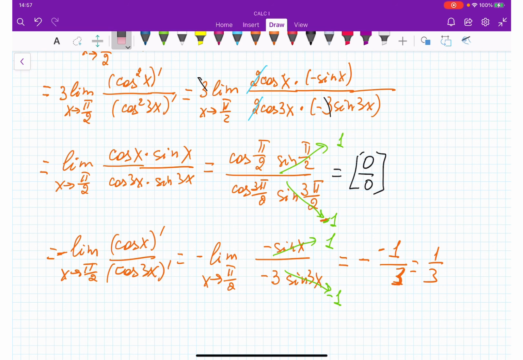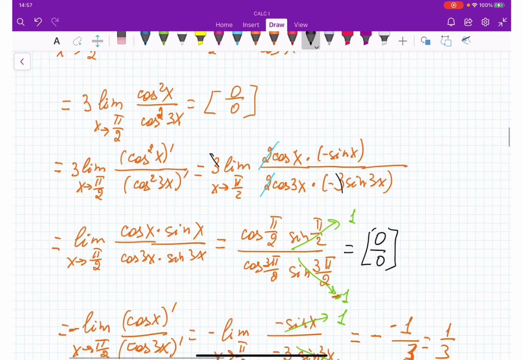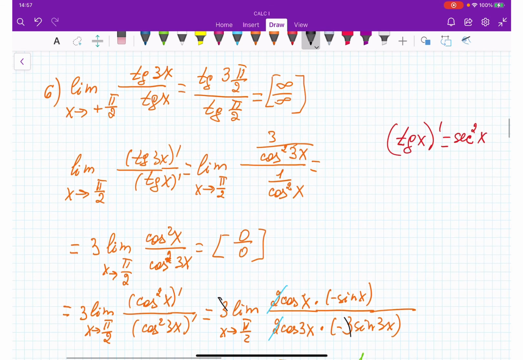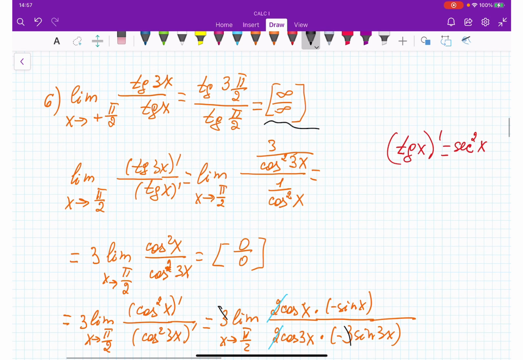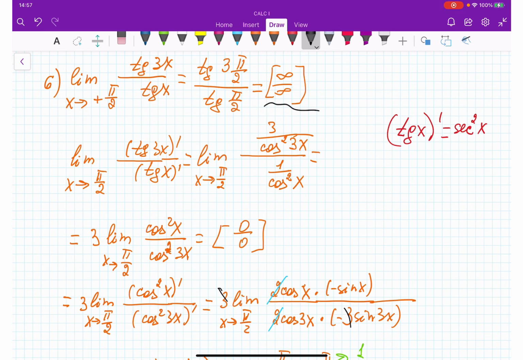Okay, so what is interesting here is that the initial uncertainty, infinity over infinity, that we started with at the beginning, after the first differentiation turned into the uncertainty 0 over 0, look here.